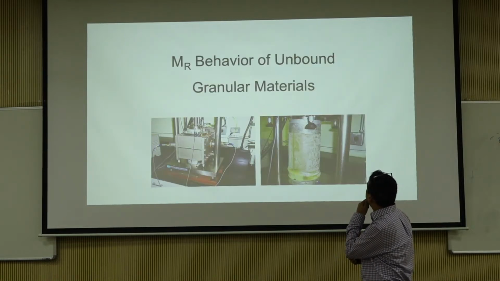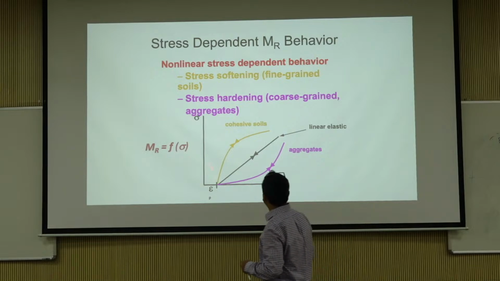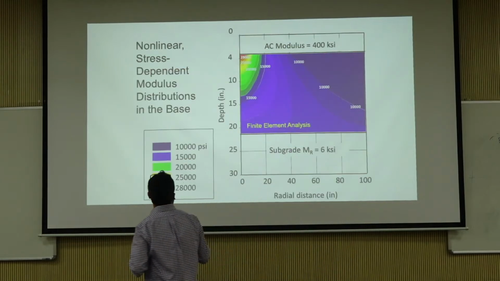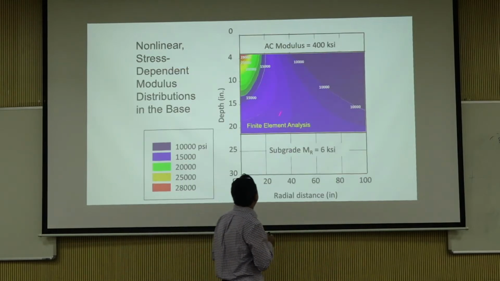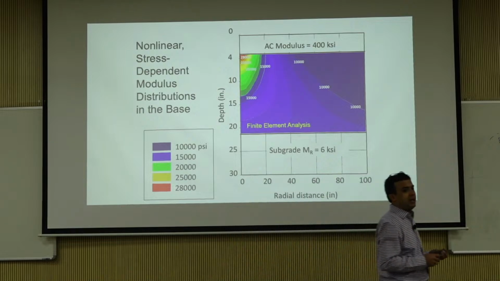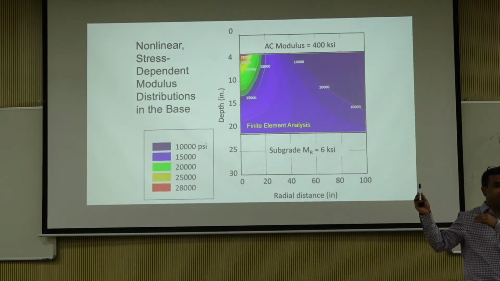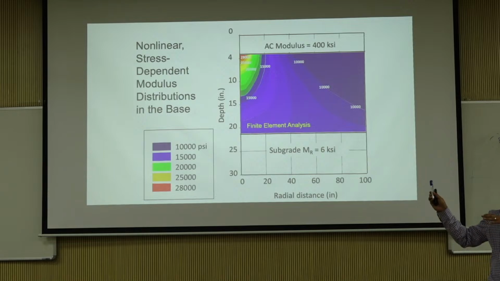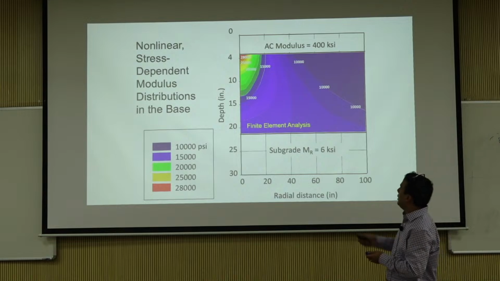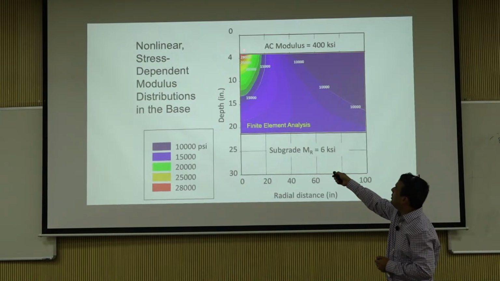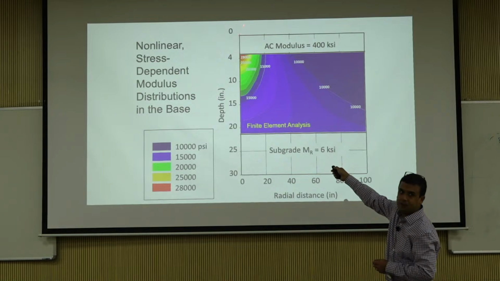Let's go to unbound granular materials. I told you this is stress hardening. This is what I was trying to get into when I told you, and we're going to see this on Friday. We're going to do this on IIPAVE. You will do it on your computers, and you will see this. Look at how the modulus varies. This is axisymmetric, so the load is right here somewhere at 0, 0 basically.